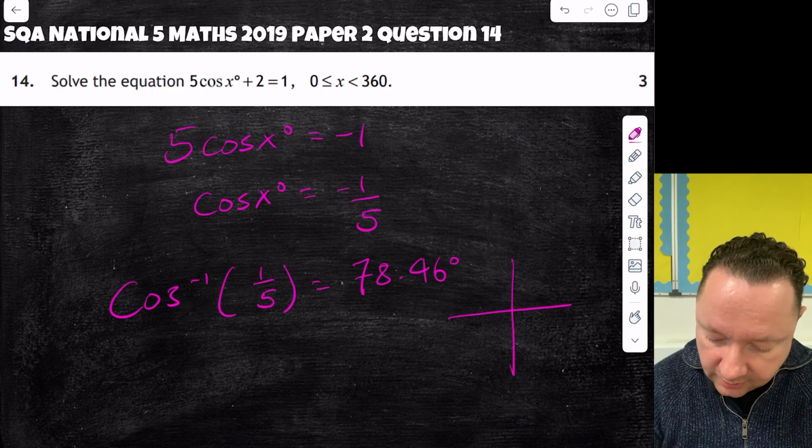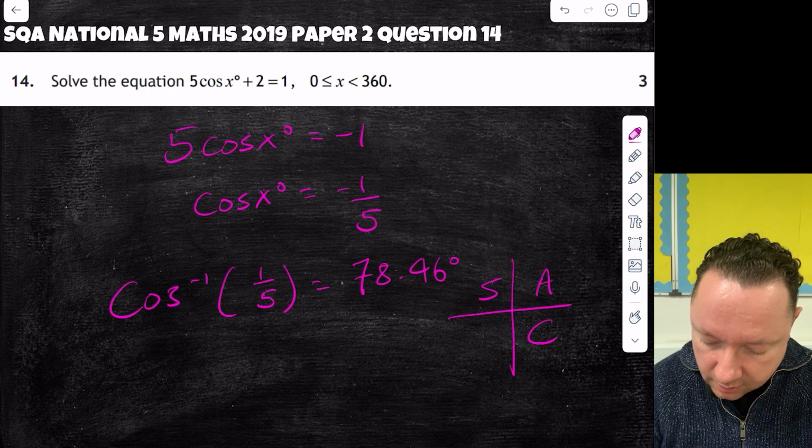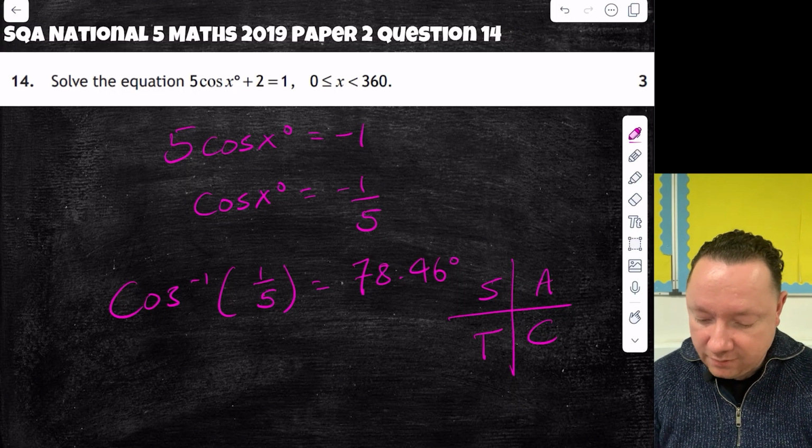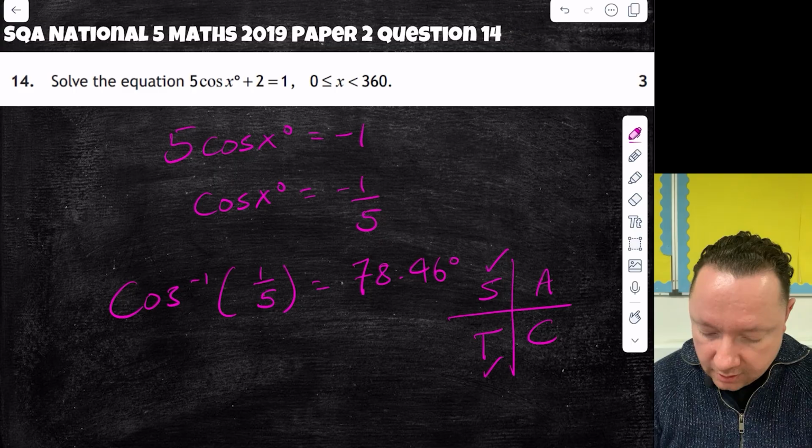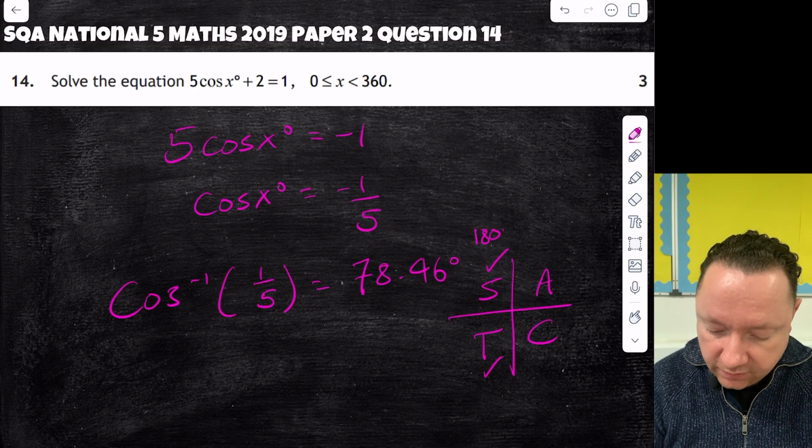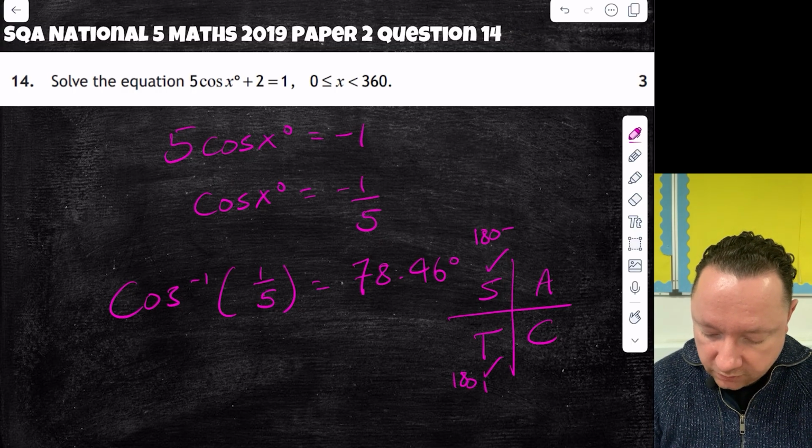And then using a CAST diagram, our cos was negative, so if it was positive, we would pick A and C, but it's negative, so it's S and T. So S is 180 minus the angle, and T is 180 plus the angle.